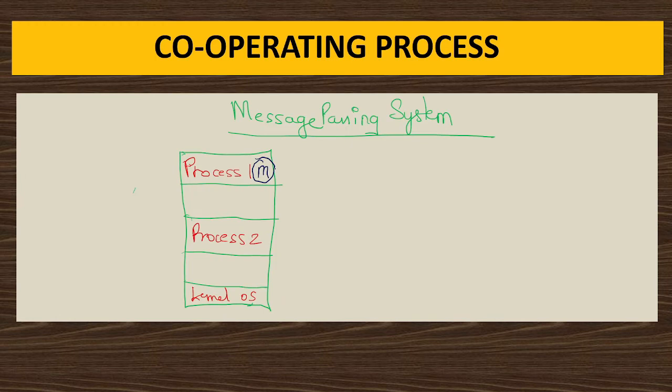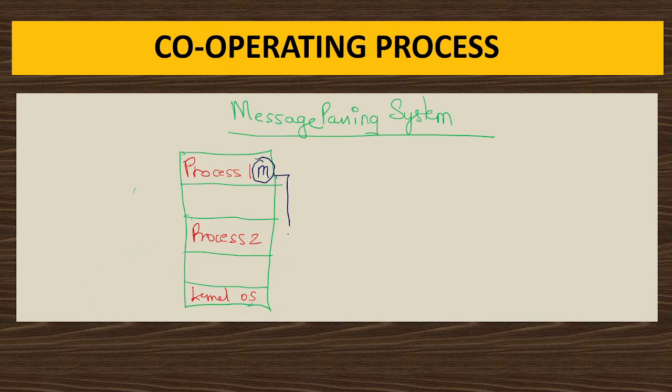So now in message passing system, suppose there are two processes executing in the operating system at the same time. So concurrently executing processes are process 1 and 2. Now what will happen using the message passing system model of cooperating processes? They will communicate using the message system. So process 1 will send the message to OS. The message will be sent to OS first and from OS it will be sent to process 2.